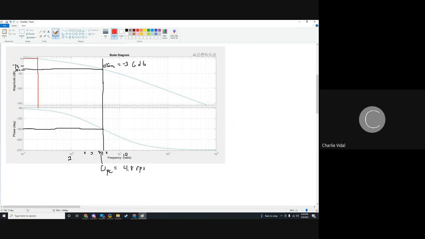It seems to be on this line over here. And this is 10 point, now this is 1, so this is 0.9, 0.8, 7, 6, 5, 4, 3. So this is 0.2. Our omega GC is equal to 0.2 radians per second.